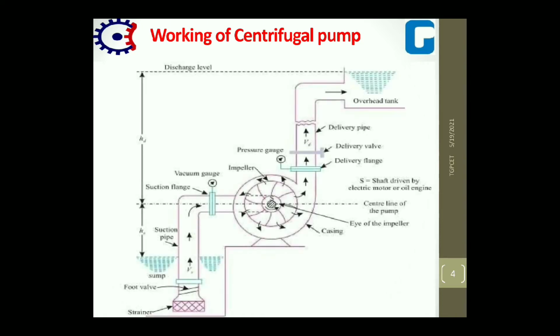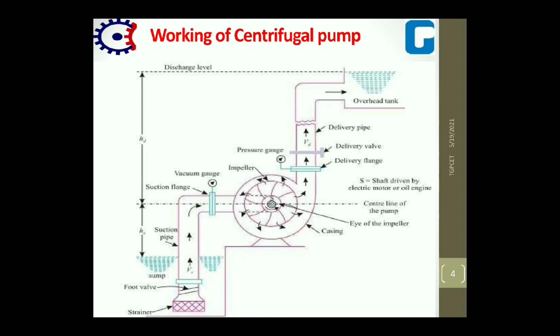Now here we are learning about working of centrifugal pump. See the diagram which shows the working of centrifugal pump. When a certain mass of water is rotated by an external source, it is thrown away from the central axis. See here, central axis of rotation, and a centrifugal head is impressed, which enables it to rise to a higher level.